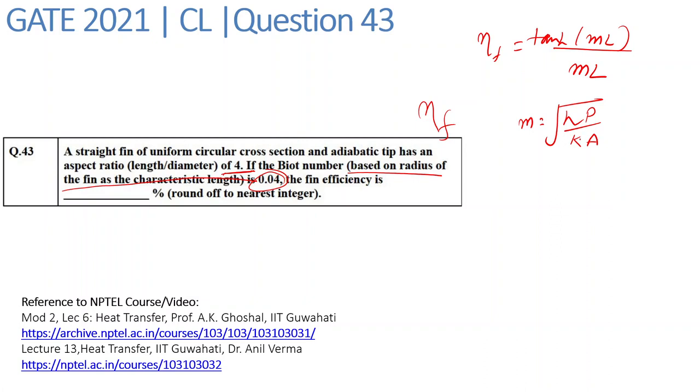You should remember that k is the thermal conductivity of the fin, h is the heat transfer coefficient, P is the perimeter of the fin, whereas A is the cross section area of the fin. So you can remember this and straight away use this formula to find the fin efficiency.